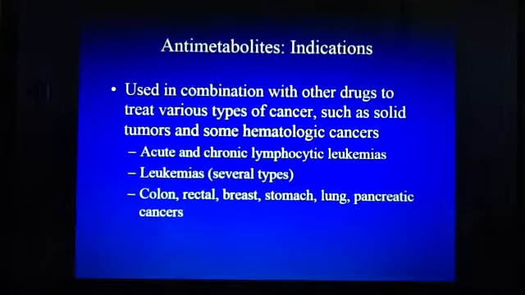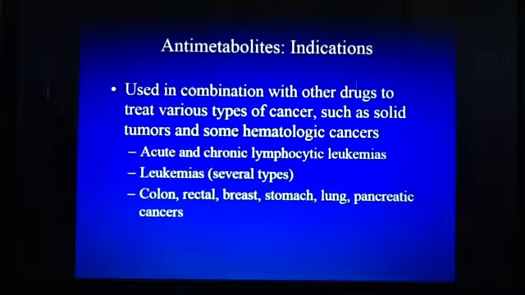So indications for antimetabolites: they are used in combination with other drugs to treat various types of cancer, such as solid tumors and some hematologic cancers. So remember, they're used in combination with other drugs. For example, acute and chronic lymphocytic leukemias, other different types, colon, rectal, breast, stomach, lung, pancreatic cancers.